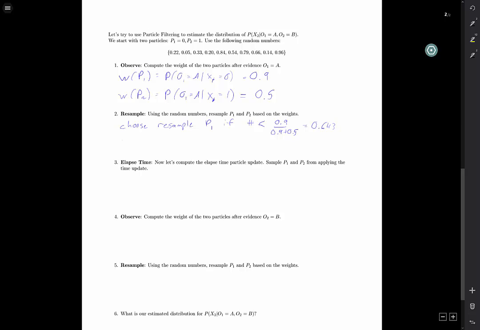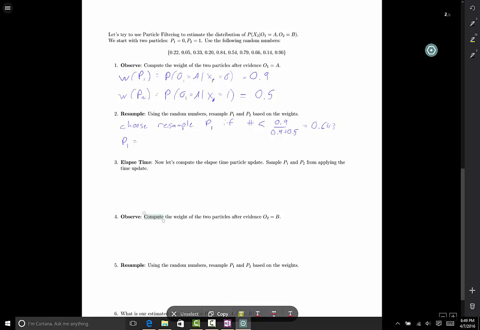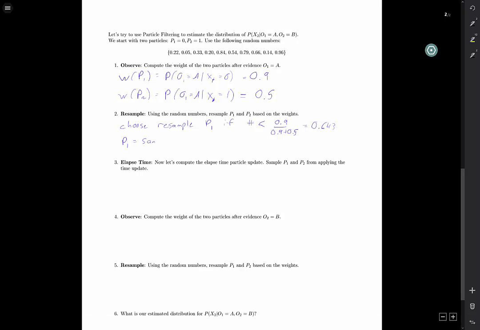So our new particle P1, let's sample from the weights, and our number is 0.22, and we see that this is less than 0.643, so the value we're going to assign it is whatever P1 was, and P1 was 0, so it'll still be 0.